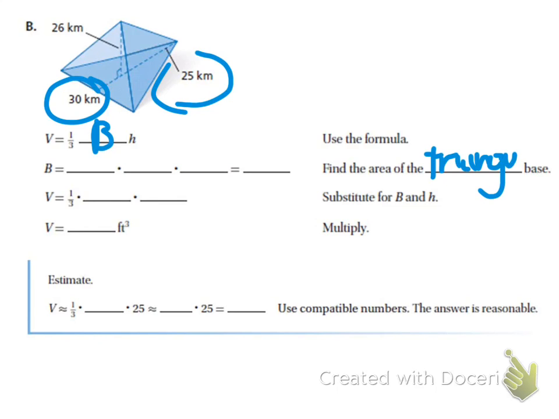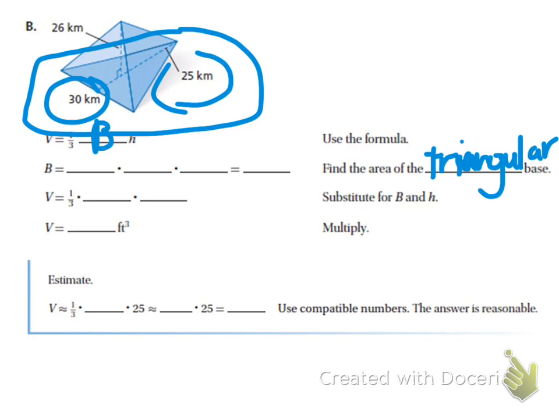So when we multiply, since this is triangular, a triangle is 1/2 times 30 times 25. So can someone use their calculator to find 30 times 25 divided by 2?